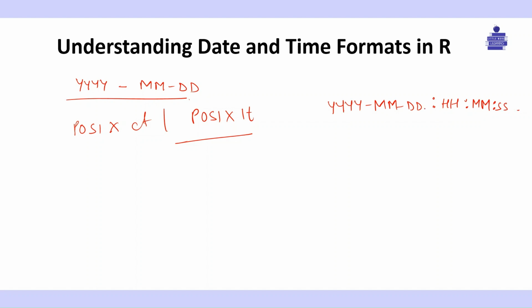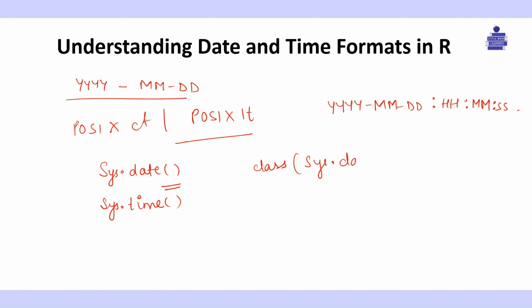Now how can we check the class of a date and time object? There are a few default functions. Sys.Date is used to return the current date. Similarly, Sys.time is used to return the current time. Lastly, if you want to know the class of these, just use the class function with the same statement, Sys.Date.